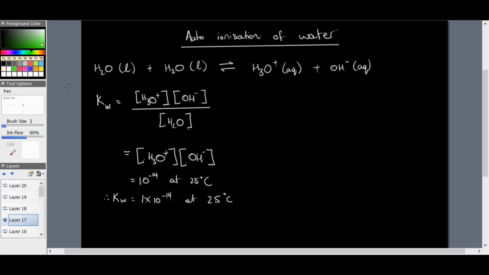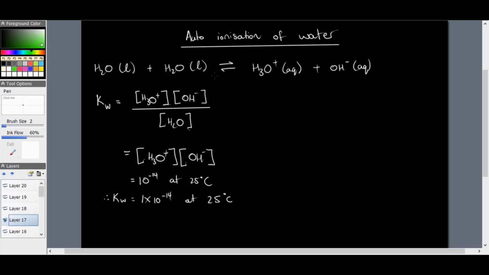Basically, how this happens is that the equilibrium is very far to the left because very few water molecules actually form ions when water is in its purest form.